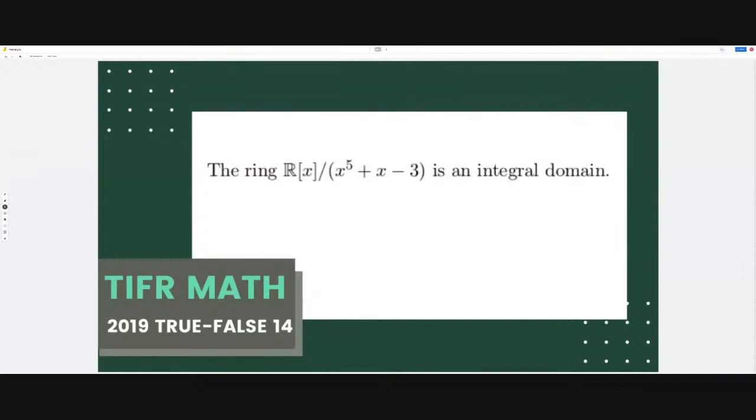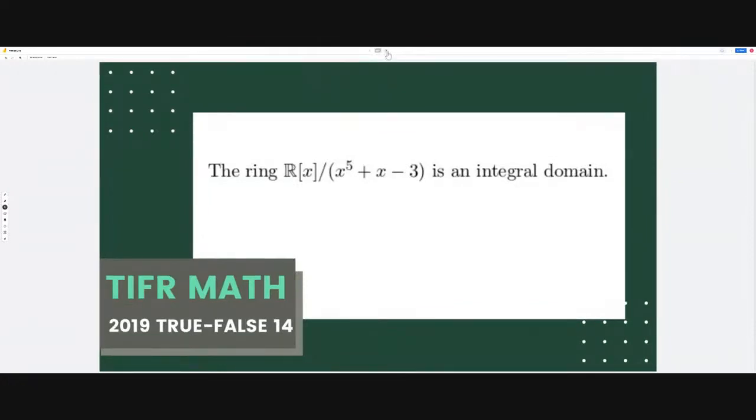Now, there are certain things that you need to understand to solve this problem, especially these three things. First, I will mention those, and then we will see how we are actually solving the problem.